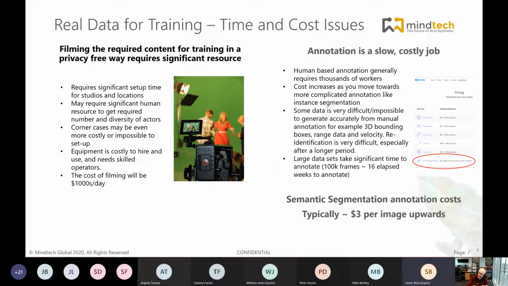If you're recording your own data, you own the data, you understand exactly what you've recorded, but it is expensive, and that's only half the picture, because then you need to annotate all of that data, which is a very slow, costly job. And as I've mentioned already, you have to be very sure that you're going to get an accurate set of annotations, otherwise that chain of trust is lost.